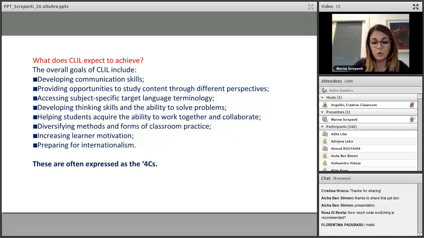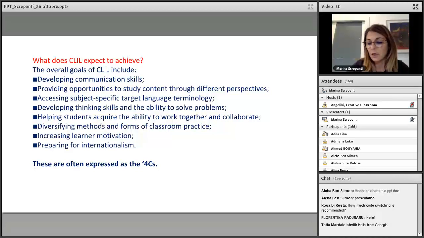But if you want to use the CLIL methodology using your language, you must bear in mind that it's a really good methodology, because it asks students to manipulate the content. And then it increases the learner's motivation, and it prepares for internationalism.